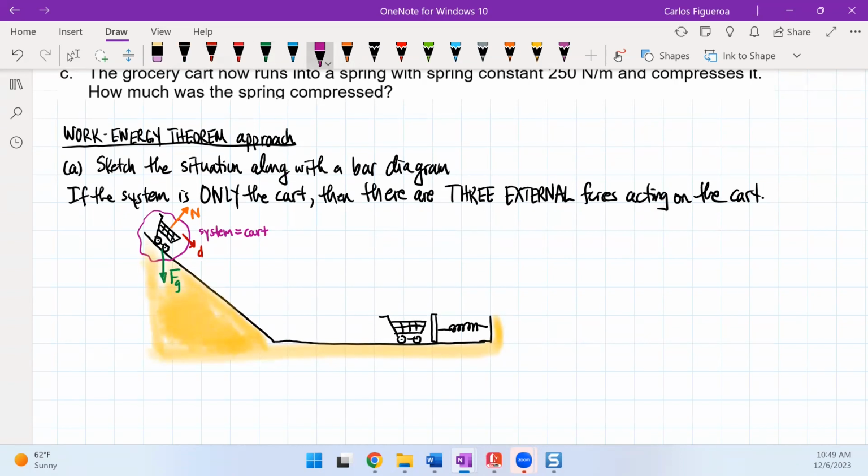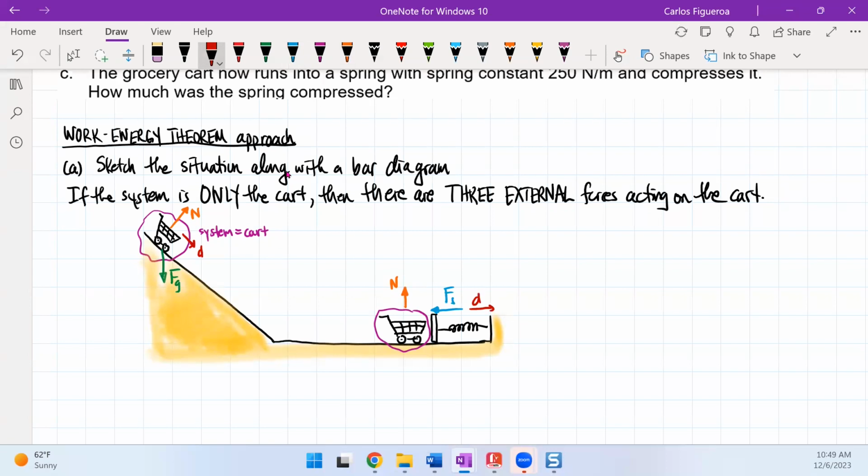So when I look at the cart here, again, there are two forces. There's my normal force, and then there's going to be the spring force that's going to be pushing back on the cart as the displacement is in the opposite direction.